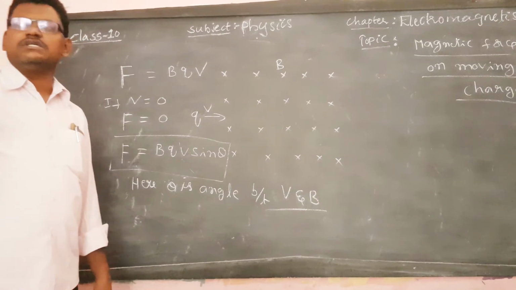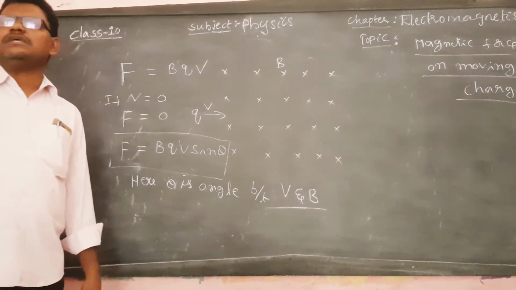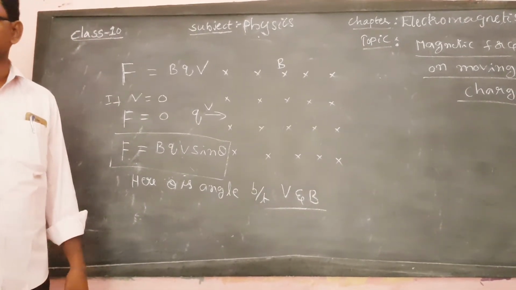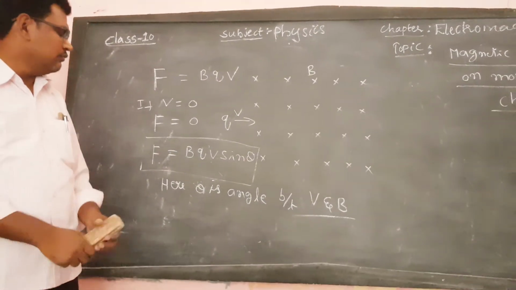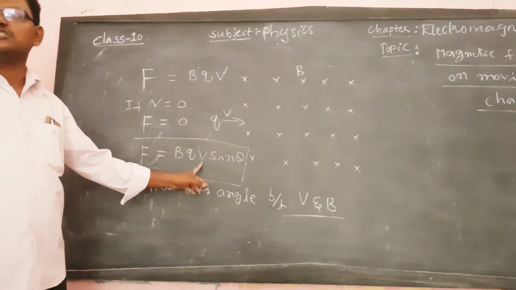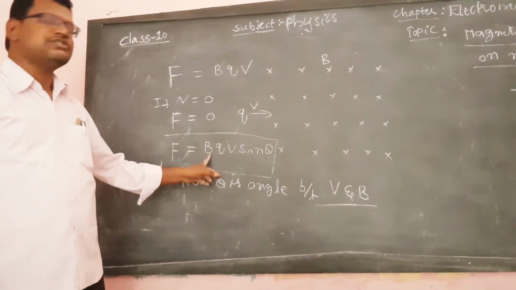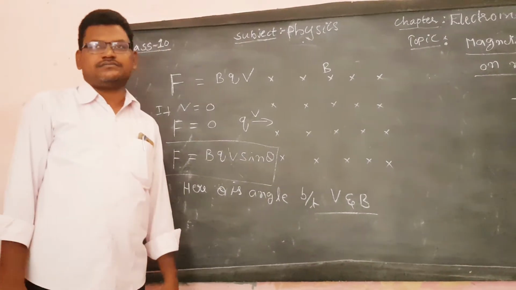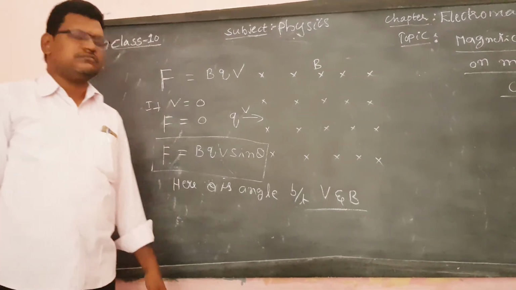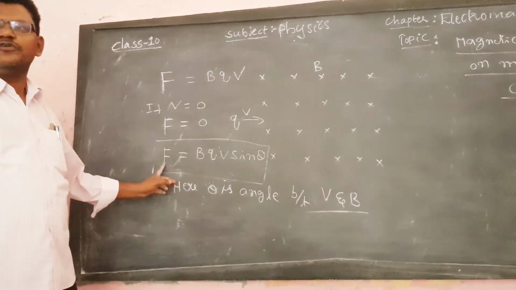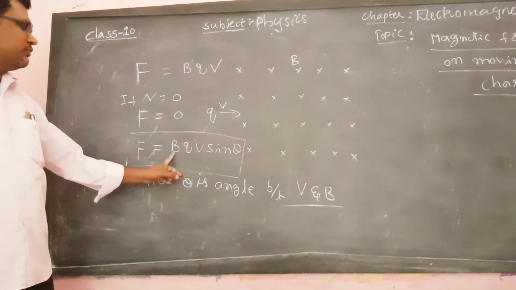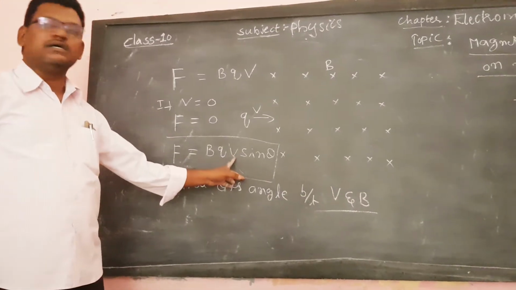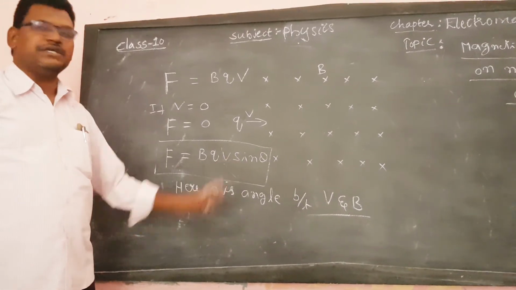Now listen here. The direction of the magnetic force is always perpendicular to both the direction of velocity and the direction of the magnetic field. Or else we can say the direction of the magnetic force is perpendicular to the plane containing both the magnetic field and velocity.